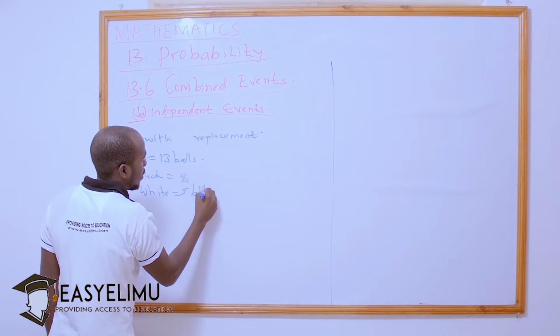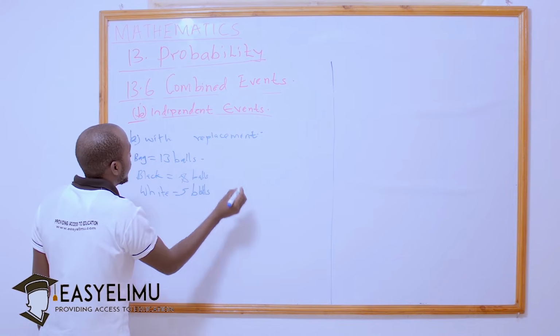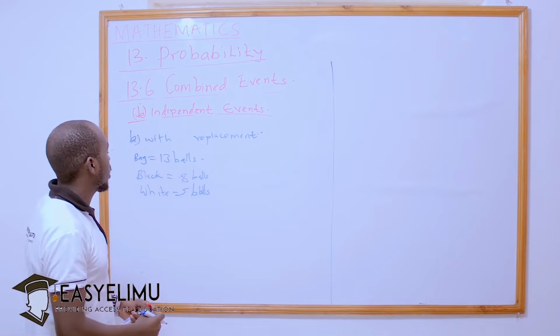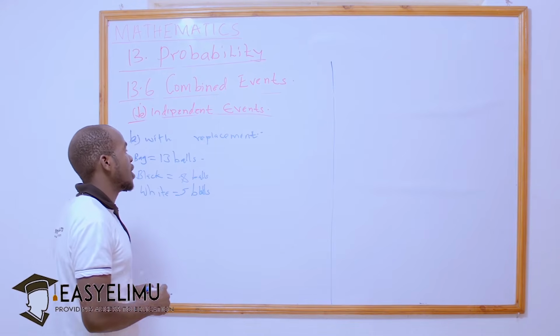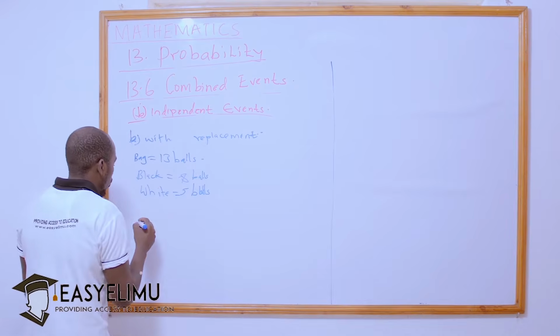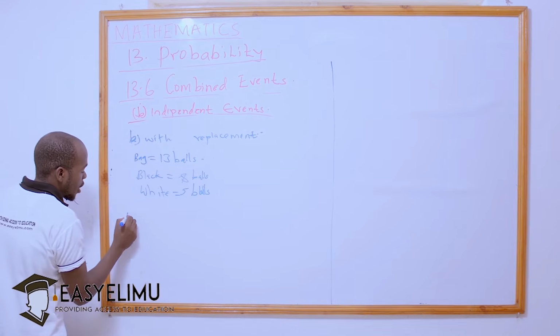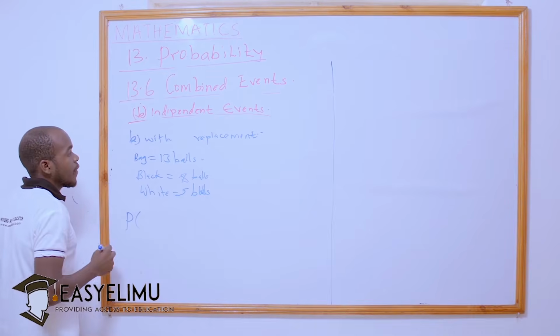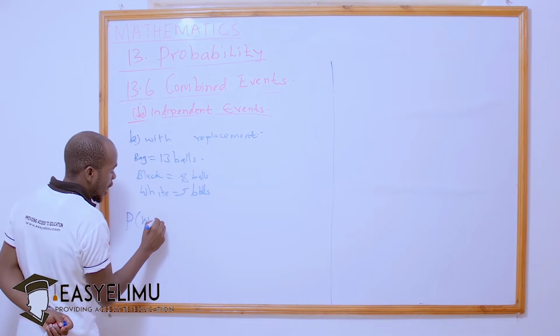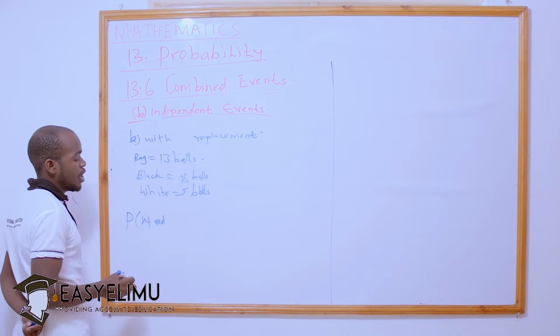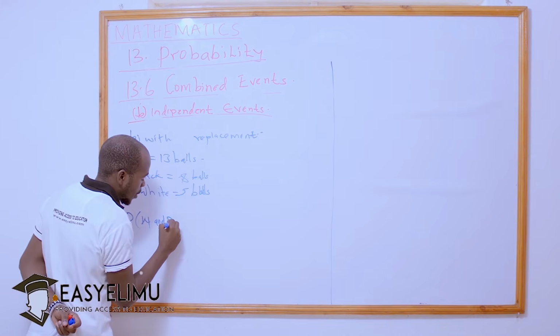So we can still find the probability of picking a white ball and a black ball with replacement. We shall start with the probability of picking a white ball followed by a black ball.